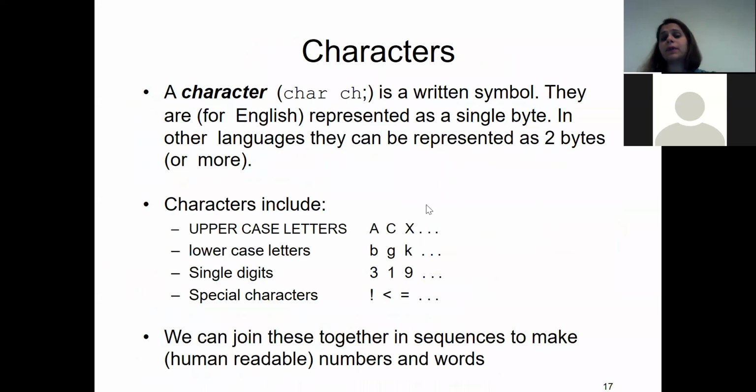Now, a character. We said that if you want to represent something in the computer, we are not only talking about representing numbers, integers, real numbers, negative numbers. No, we've got characters. Those characters could be uppercase letters, lowercase letters, single digits, special characters, like these different signs.